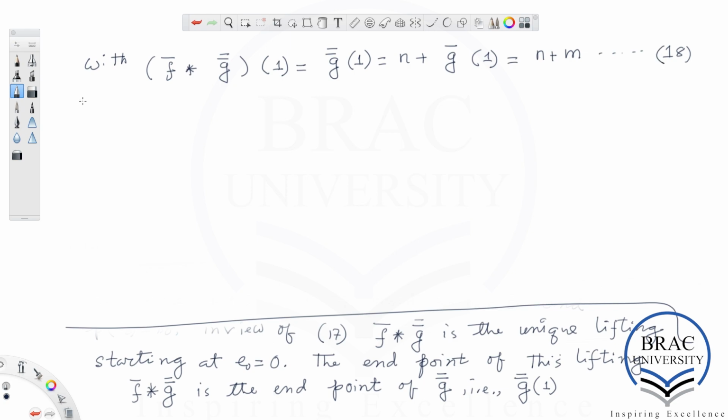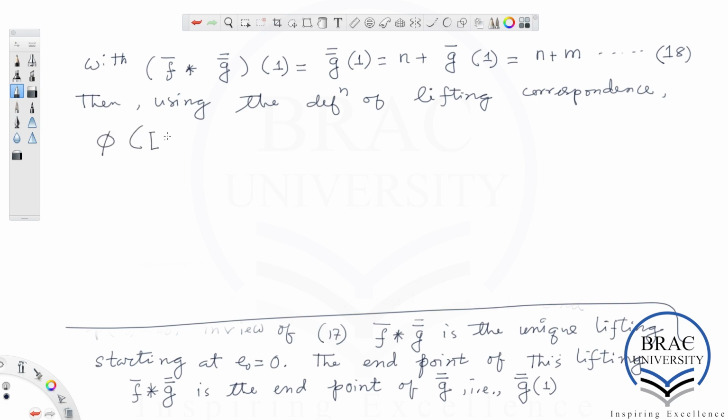Then, using the very definition of lifting correspondence, phi of the class of f star the class of g.